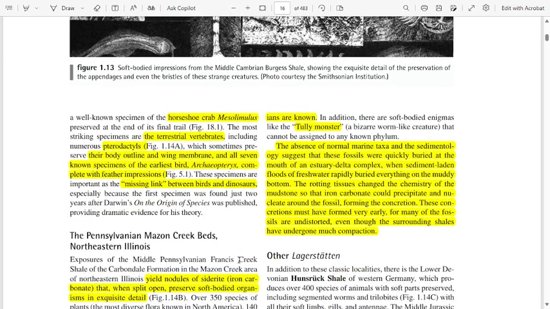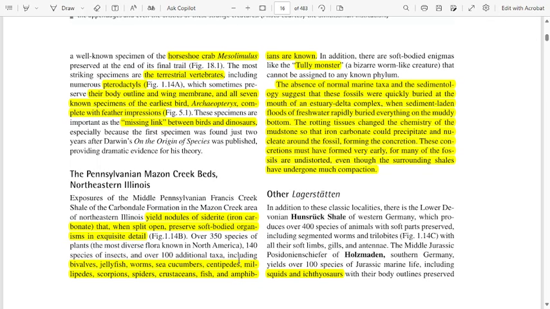The Pennsylvanian Mazon Creek beds, northeastern Illinois. Exposures of the Middle Pennsylvanian Francis Creek Shale of the Carbondale Formation in the Mazon Creek area of northeastern Illinois yield nodules of siderite, iron carbonate that, when split open, preserve soft-bodied organisms in exquisite detail.